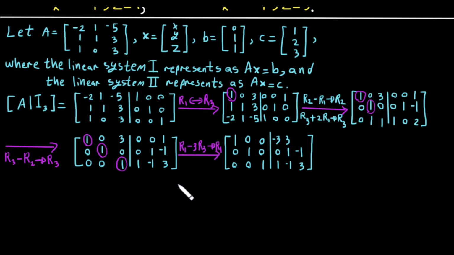One minus 3 multiplied by 3, which is 9. 1 minus 9, which is negative 8. So here I have to write negative 8.